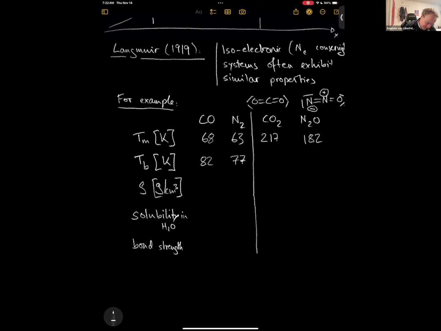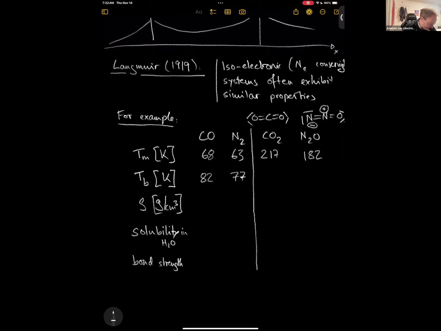The corresponding boiling points for CO2 are at 195 and 184 Kelvin for N2O. So again, very similar numbers.